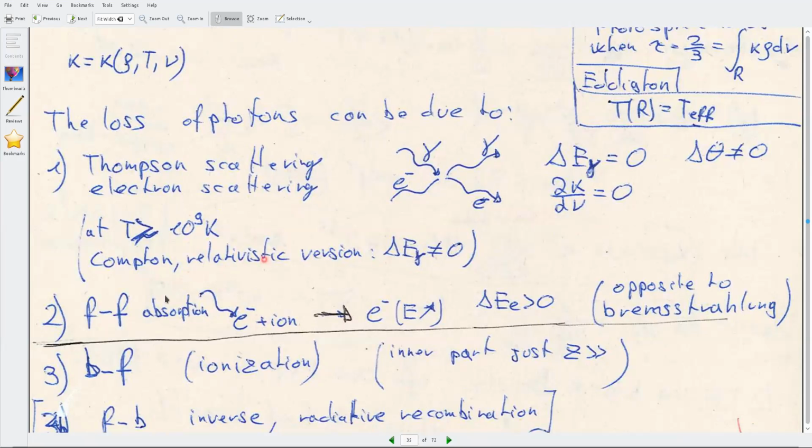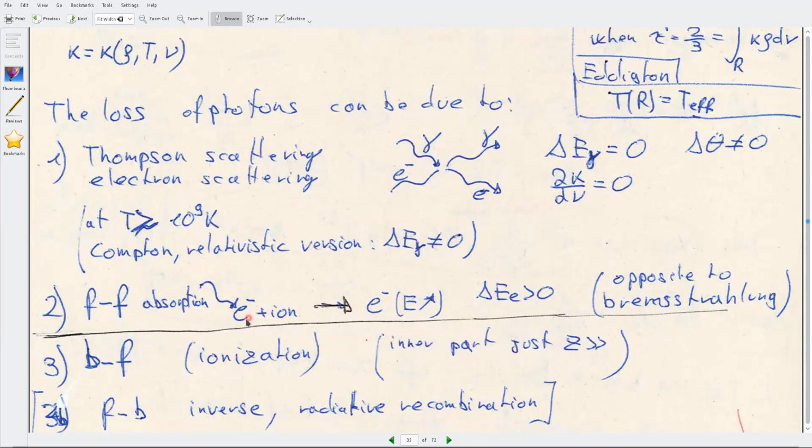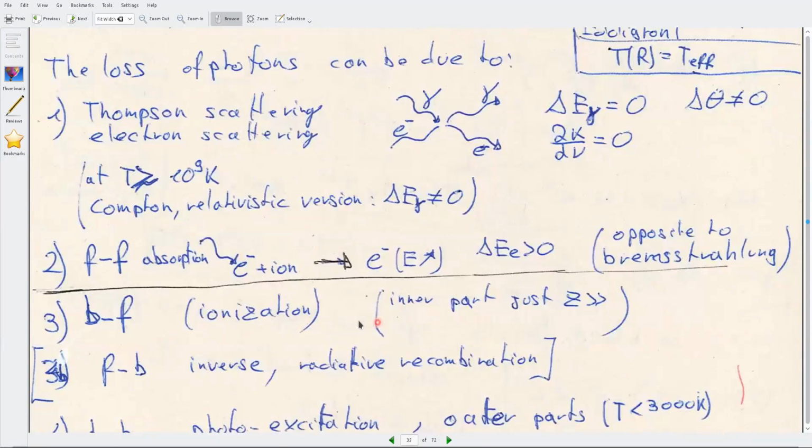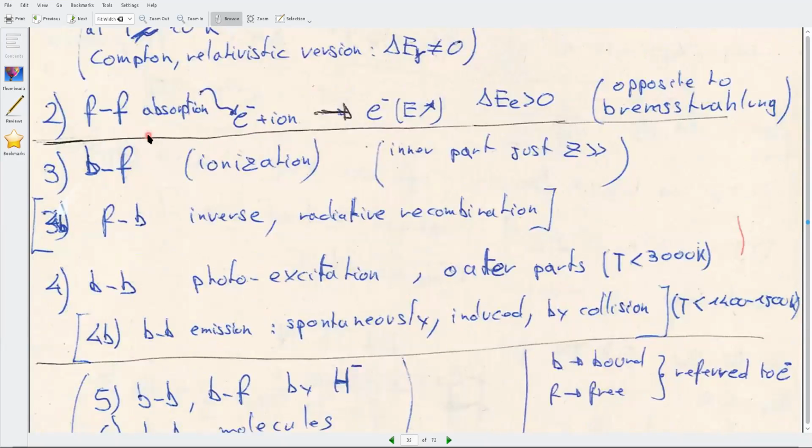Or you have free-free absorption, when the photon interacts with an electron and with an ion that absorbs the recoil. That is essentially the opposite of the Bremsstrahlung, where the electron passes nearby the potential of the ion and emits the photon. Then we have the bound-free interaction, essentially ionization.